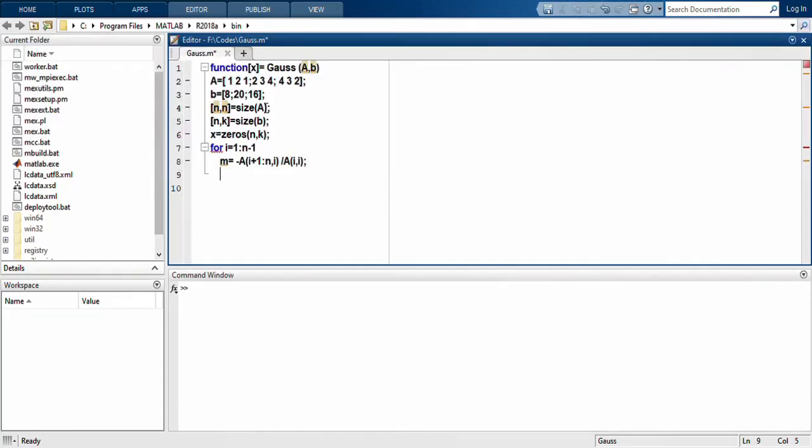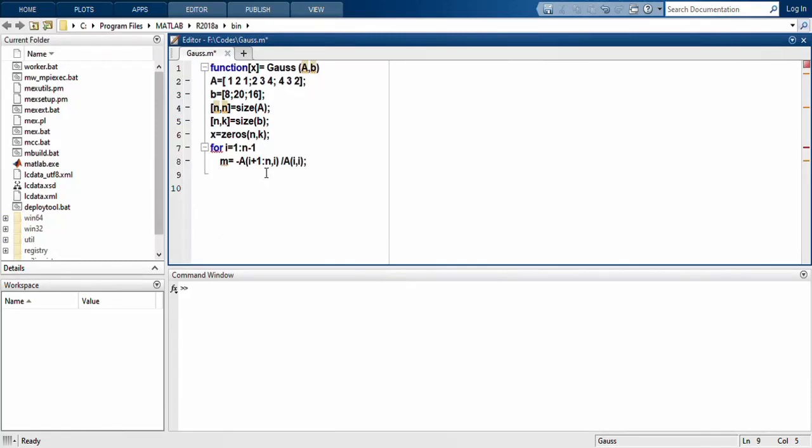So if I want to make this 0, then I have to multiply this R1. So basically it's a row operation, that is R2 minus 2 into R1. So minus 2 is that m in the second row. And if we want to eliminate this 4, make it 0, then you have to use the row operation R3 minus 4 into R1.